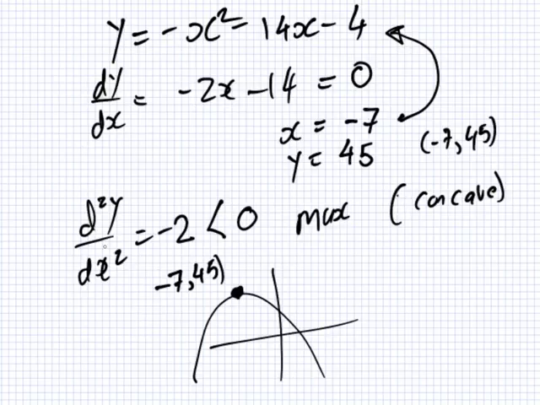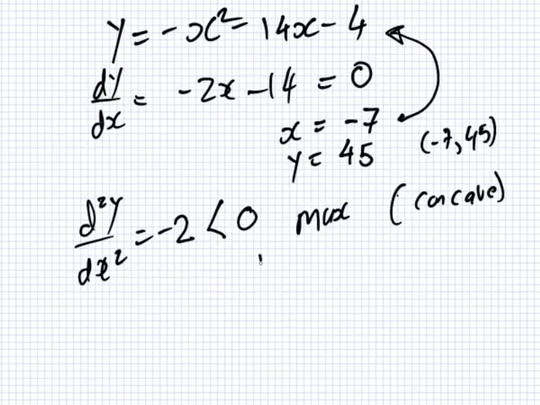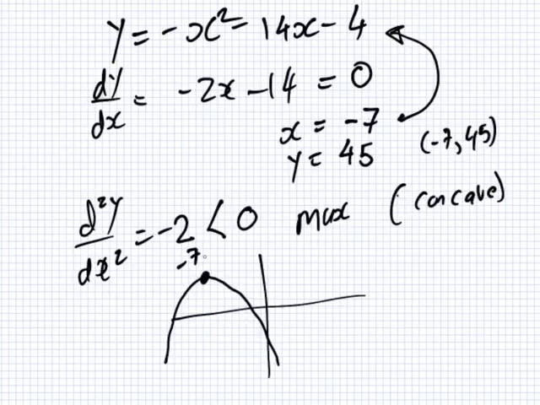Actually, I can draw that a little bit better, because I know what this point is easily enough. What's this point here? Minus 4. Yeah. So you can see very quickly I have a pretty rough but pretty good graph.